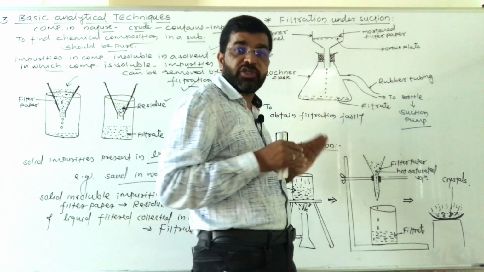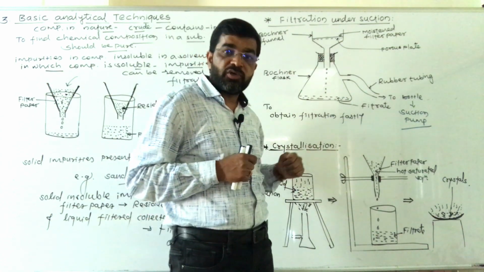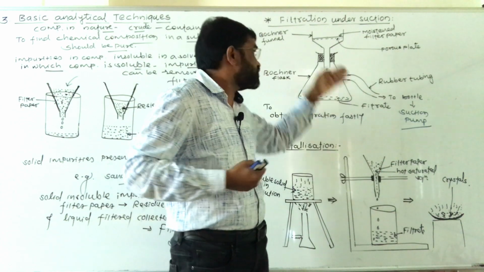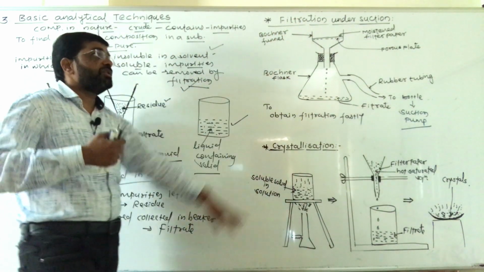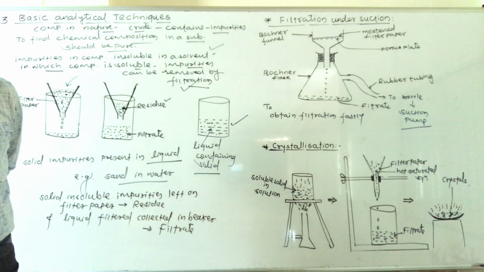They do not pass through the porous plate and only liquid passes. Under this suction the pressure is decreased, therefore it takes place fast, and that is nothing but filtration under suction. That is the process of filtration under suction.